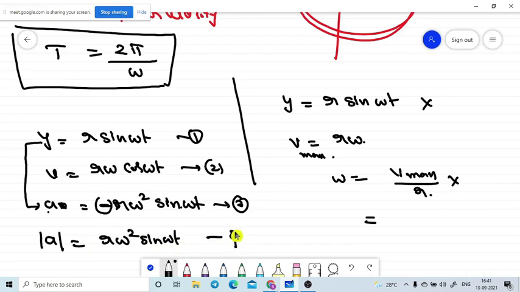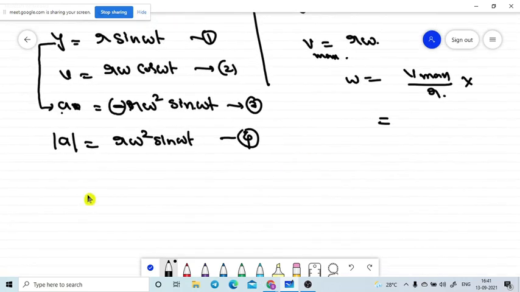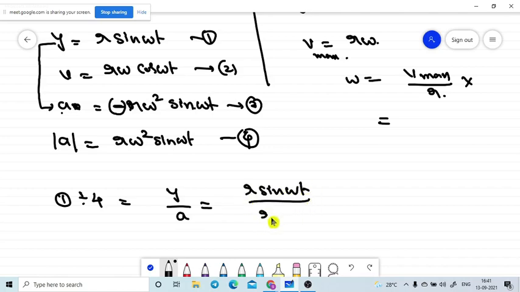Now with the help of this equation, if we divide equation 1 by 4, we get y by a is equal to r sin omega t divided by r omega square sin omega t, just taking magnitude, not direction. Sin omega t cancels, r cancels.